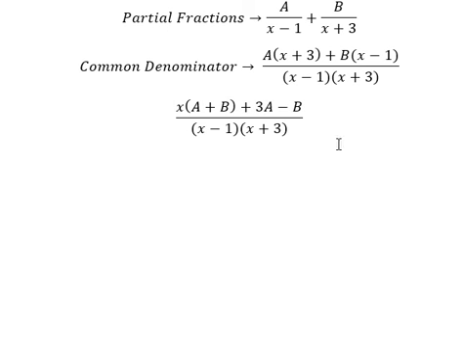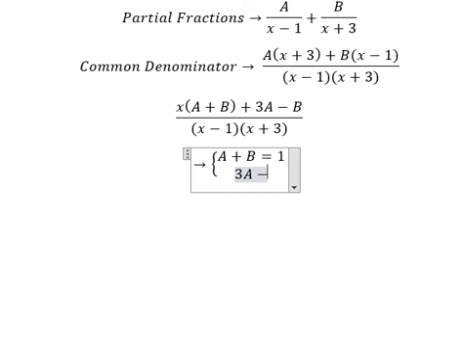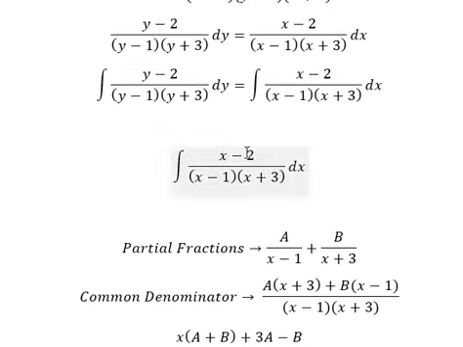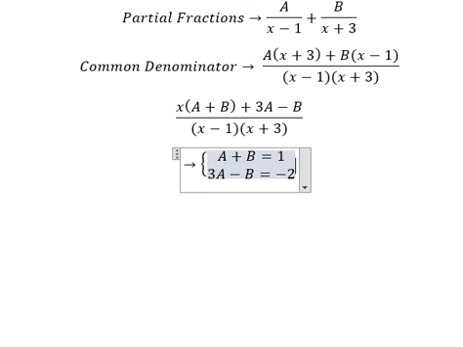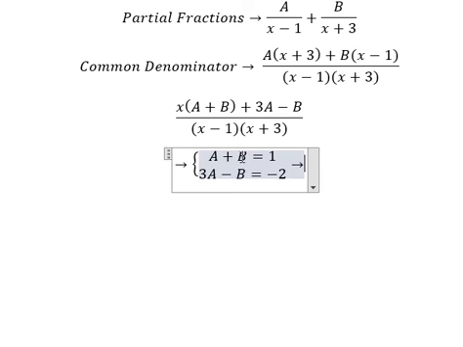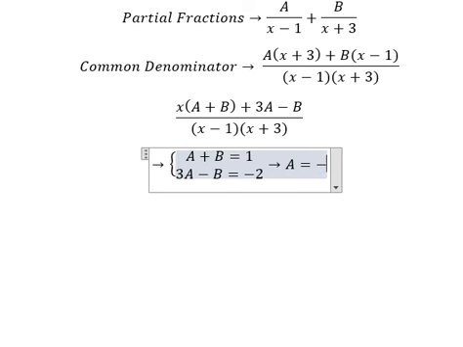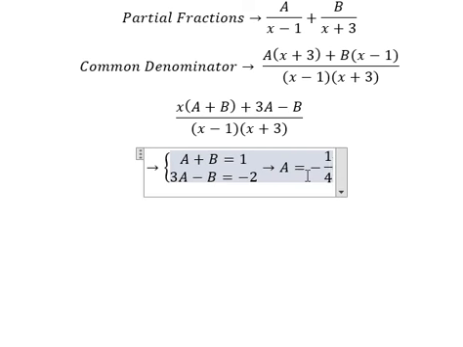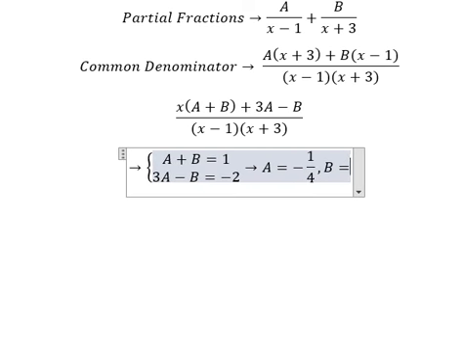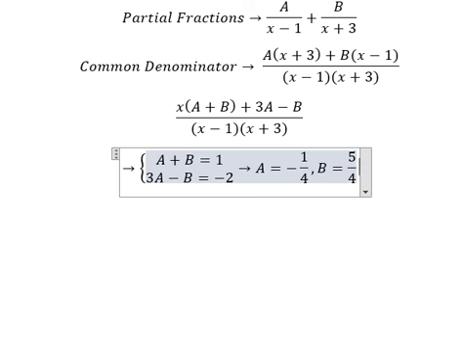And now we create the system of equations. This one we have negative number 2. And now we solve the solution in here, and we have a equals negative 1 over 4 and b equals 5 over 4.